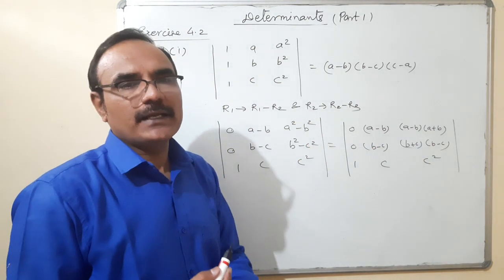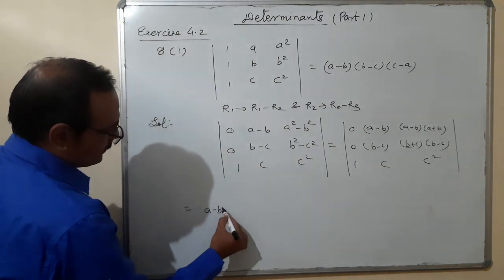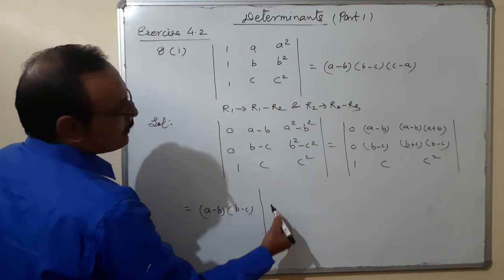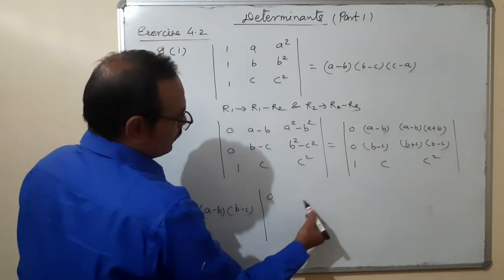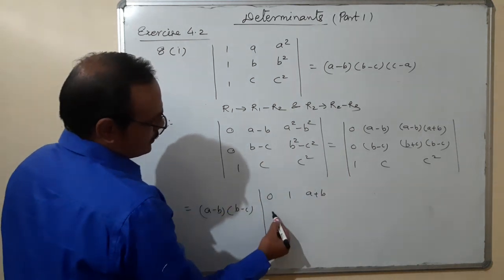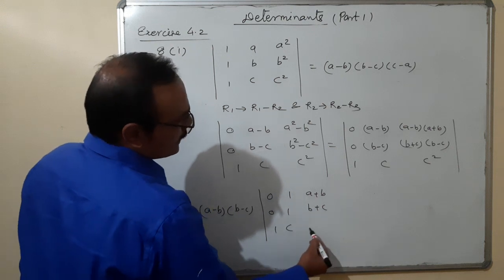In determinants, we can take common factors from the rows. So A minus B is common, and from the second row B minus C is common. The rows become 0, 1, A plus B; 0, 1, B plus C; and 1, C, C square.